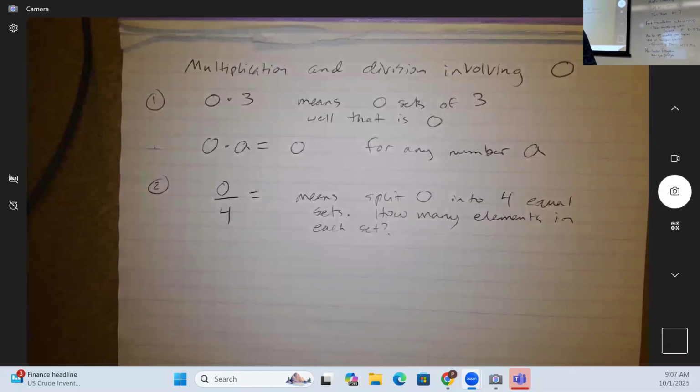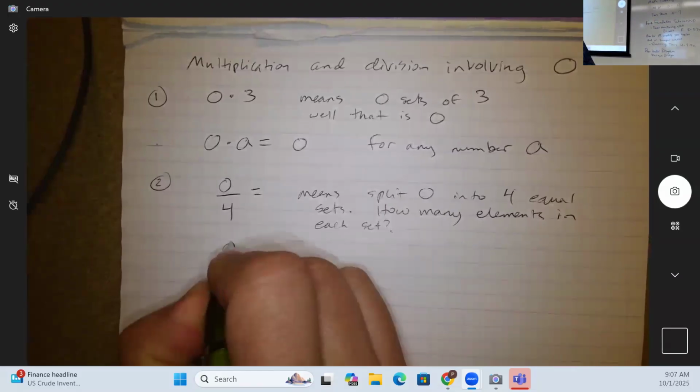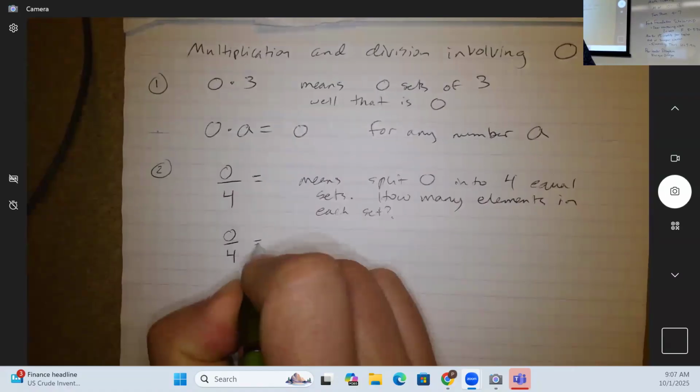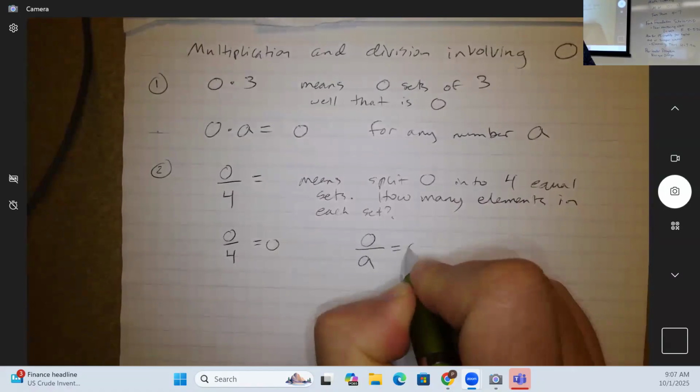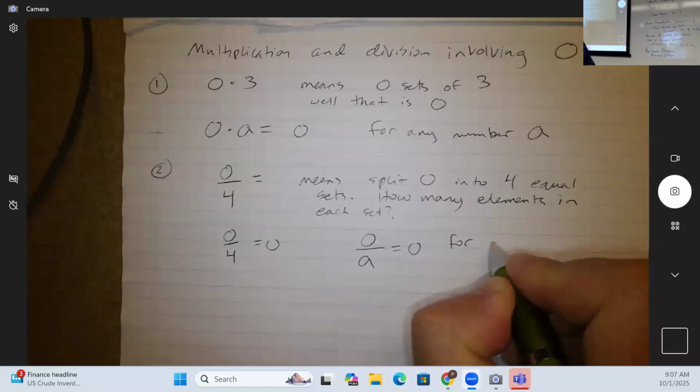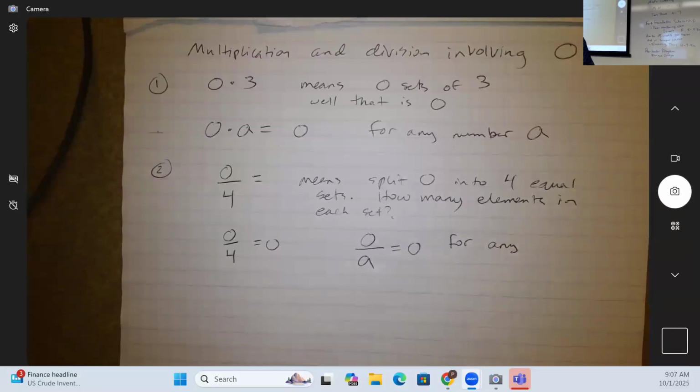Anybody? 0, right? If I have 0 bananas and I divide them into equal sets, there are going to be 0 bananas in each set. 0 divided by 4 is 0. In fact, 0 divided by any number equals 0, except for 0. Can't divide 0 by 0, but that's our next rule.